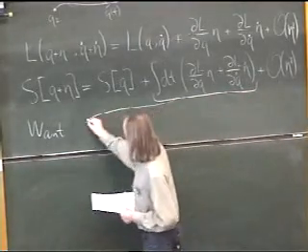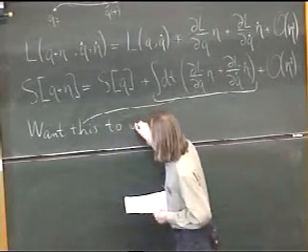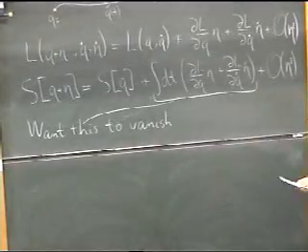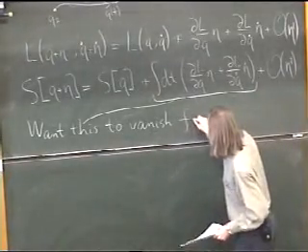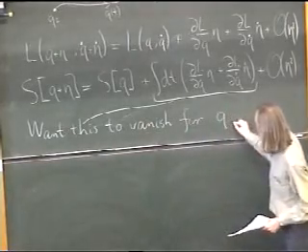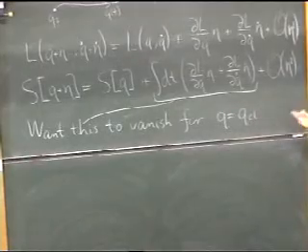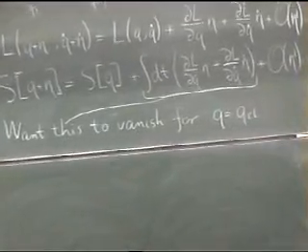So we want this term to vanish for the classical path. That's just what I said: the classical path is the one that corresponds to the turning point, so this thing should vanish.